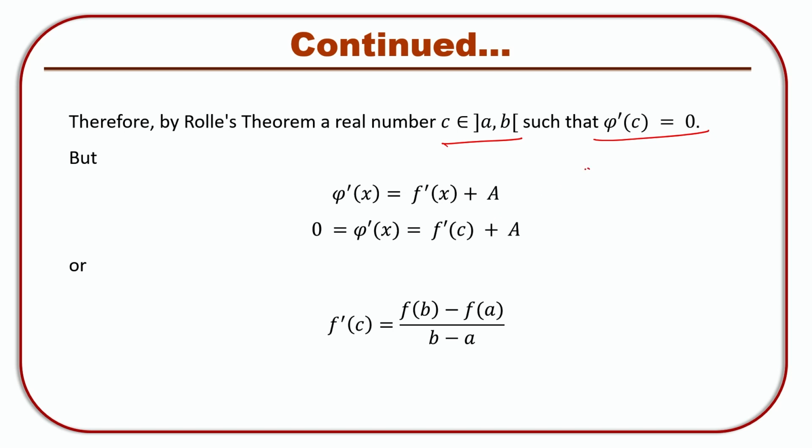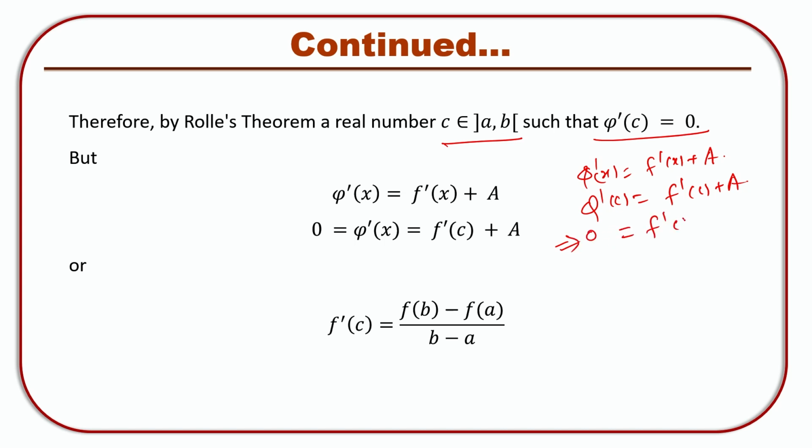So phi dash of x is equal to f dash of x plus A, and phi dash of c is equal to f dash of c plus A, and this is 0 by the condition of Rolle's theorem.